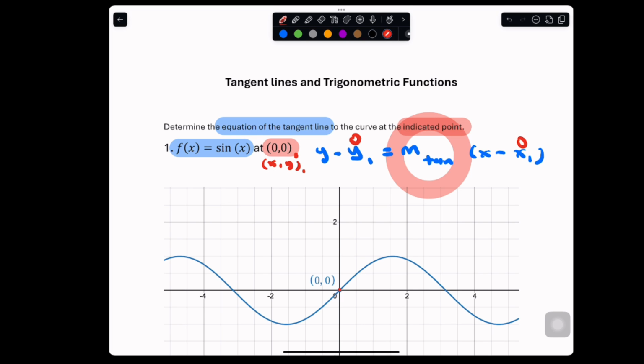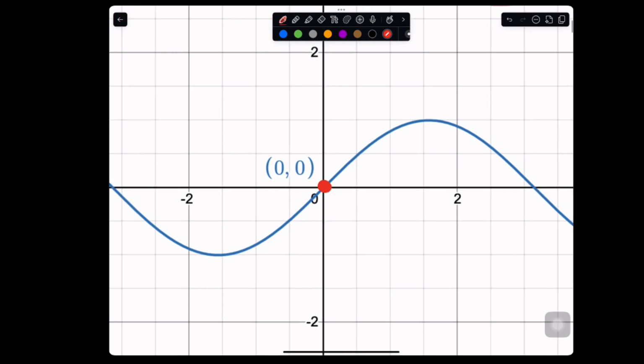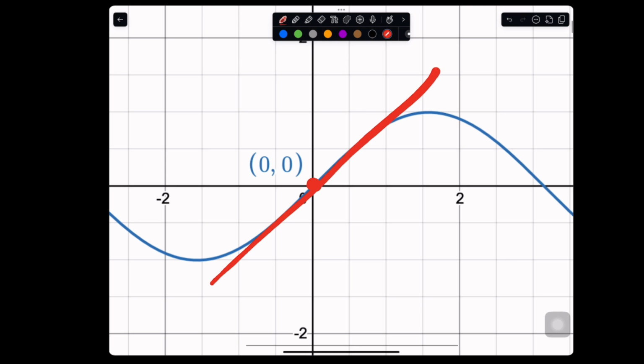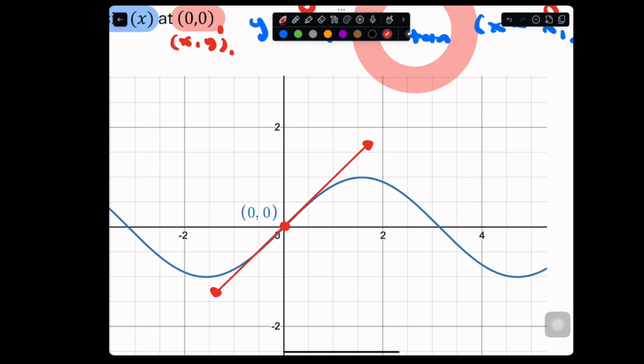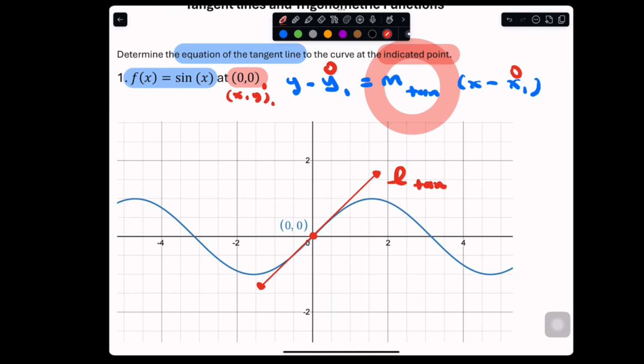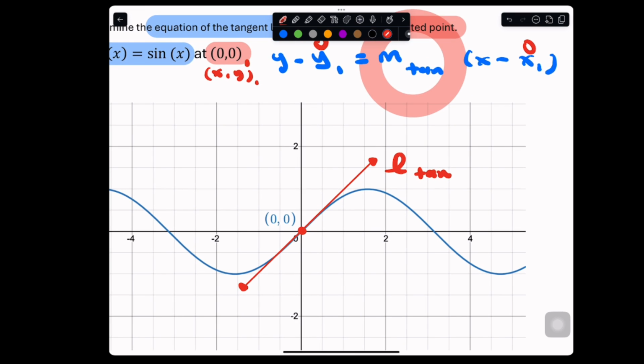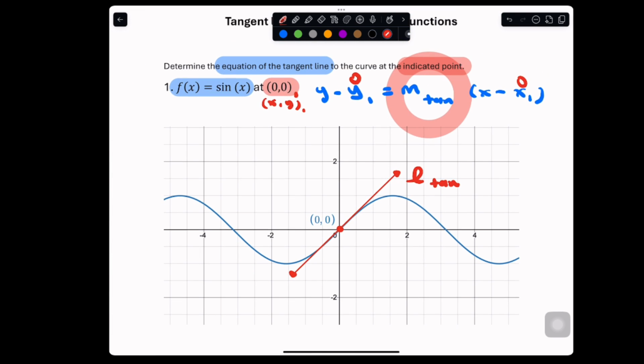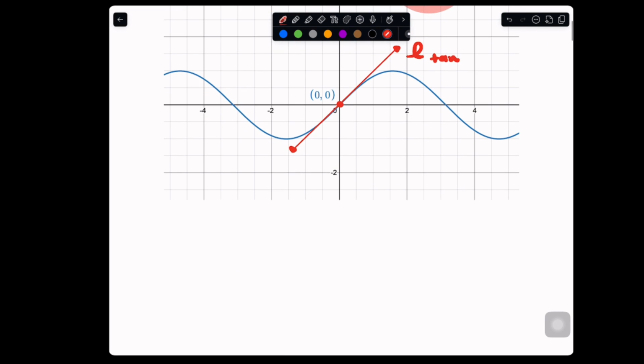And if you guys can see it here, since you have some experience, they want you to find this equation here. Remember, you're going through that point 0, 0, but you're kissing the curve. So we're going to need m tangent for sine at 0. Is that right? You guys okay with that? Did you guys work on some of those things?